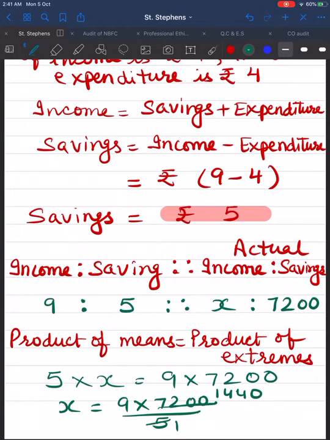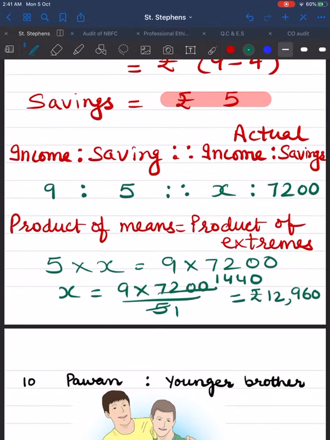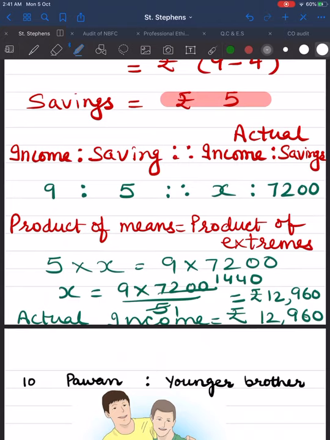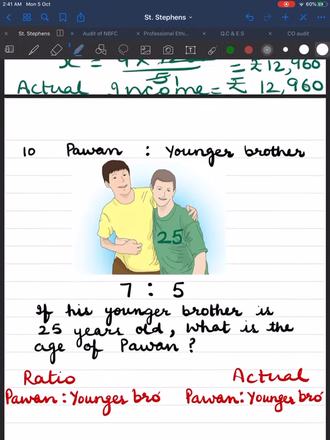And after multiplying 1440 by 9, we get rupees 12,960. So actual income is rupees 12,960.